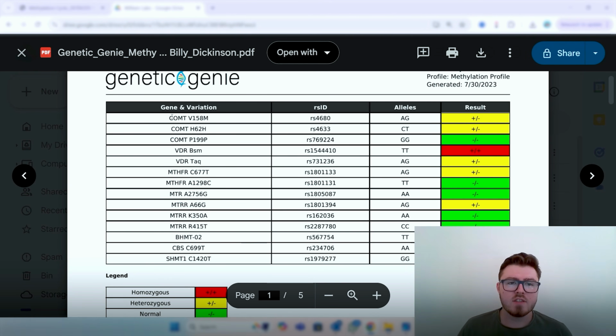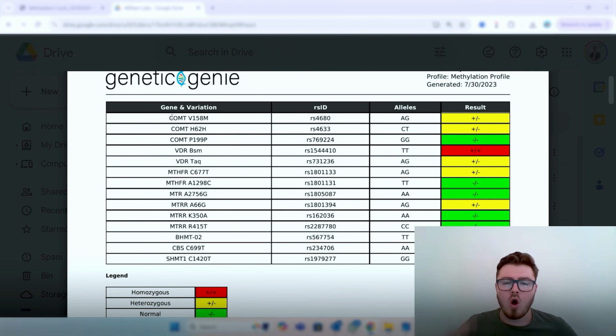So these genes, COMT and MAO, these overmethylation genes, basically what they're responsible for is breaking down your neurotransmitters. So if you have mutations in these genes, what can happen is if for some reason your neurotransmitters in your body build up. So this could happen for a lot of reasons. This could happen from taking too many methyl donors.